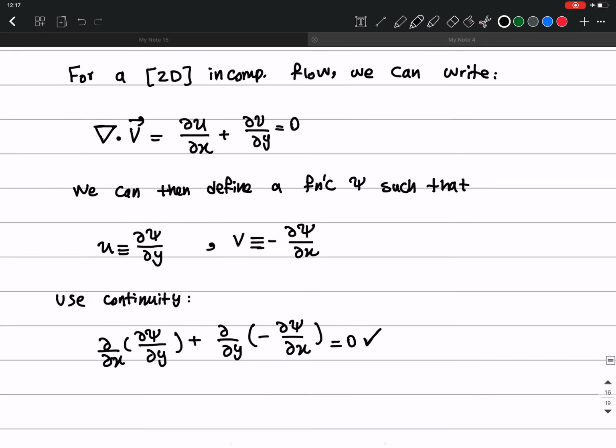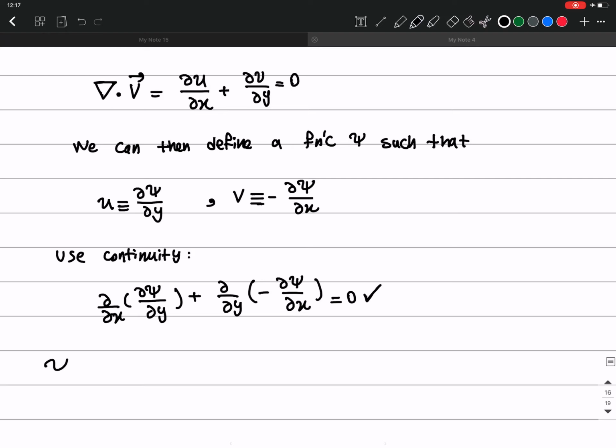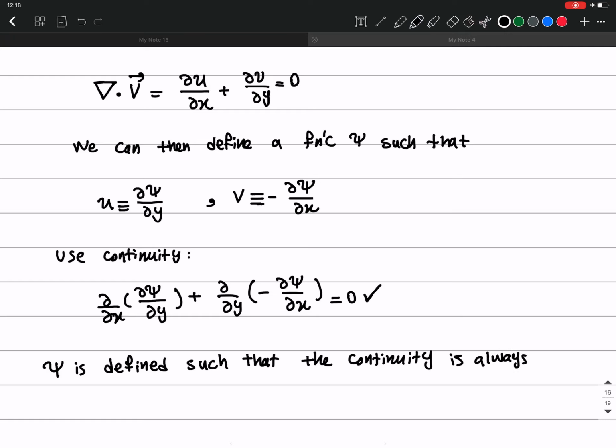So this psi, which we call the stream function, psi, is defined such that the continuity is always satisfied.